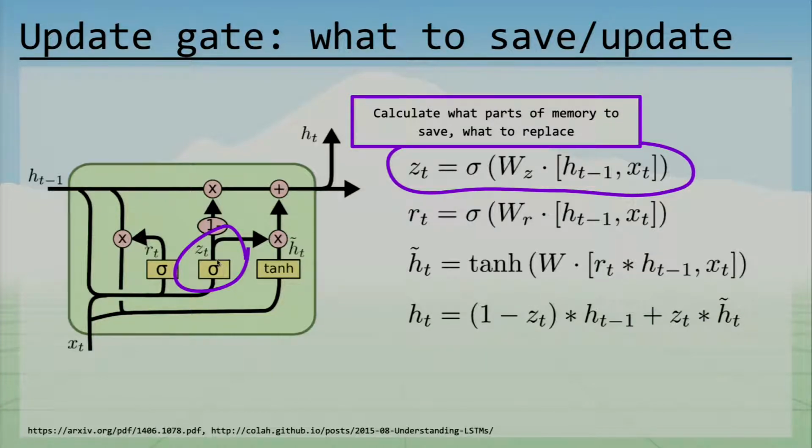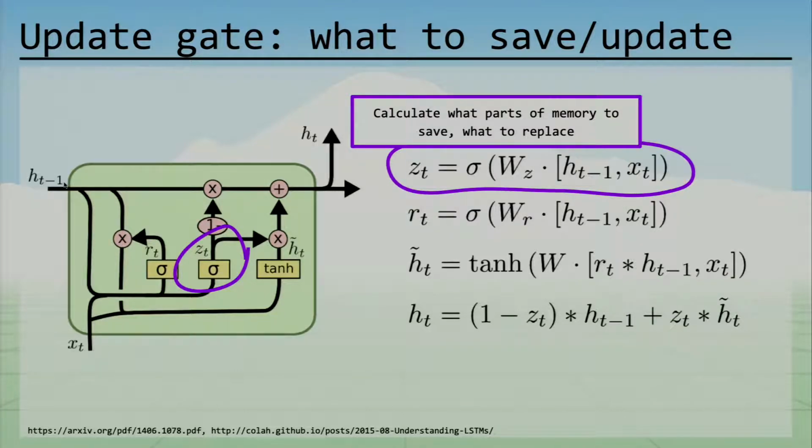So when we have large numbers here, they're going to get multiplied by whatever our updates are. And those components we will basically be updating. When we have small numbers as the output in this z sub t, those components will not get updated from our h tilde, but we'll use the previous values from our previous memory.